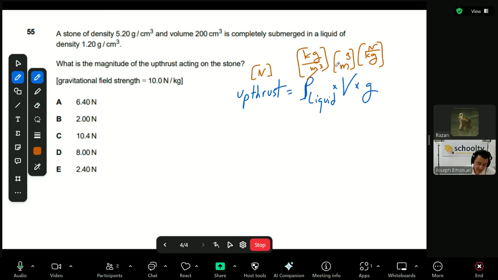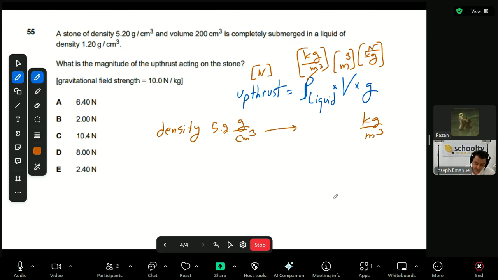Let's remember what we have here. We have the density. It is 5.2 grams per centimeter cube. So we need to change it and convert it to kilogram per meter cube.